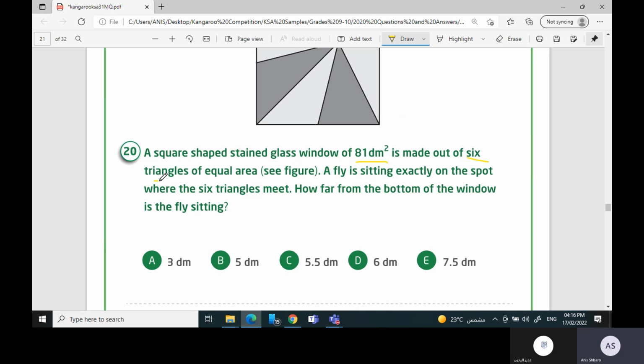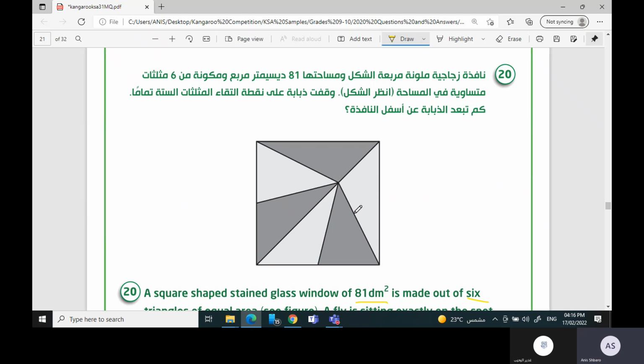Focus on this idea of equal area. The area of this one is equal to the area of this one, equal to this one, and the rest. So I have 6 triangles equal in area. And of course, the area of the square is 81 decimeters.